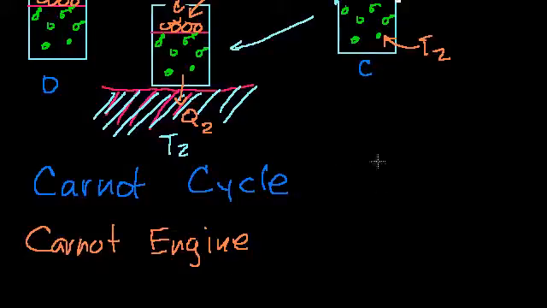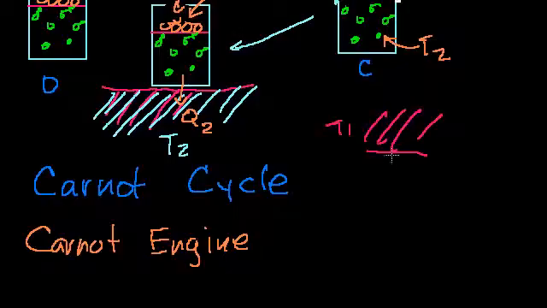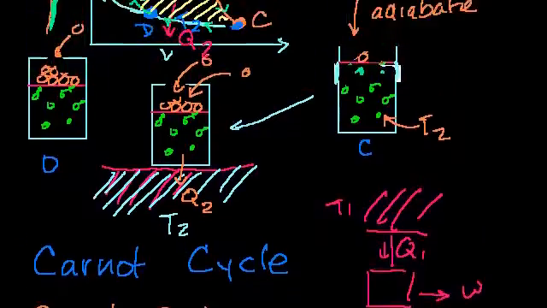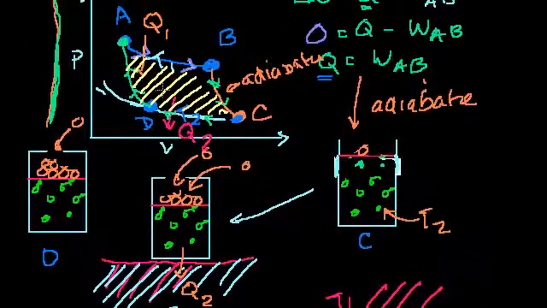You have a reservoir at T1, and then you have your engine right here. It takes Q1 in from this reservoir. It does some work. The work is represented by the area inside of our cycle.